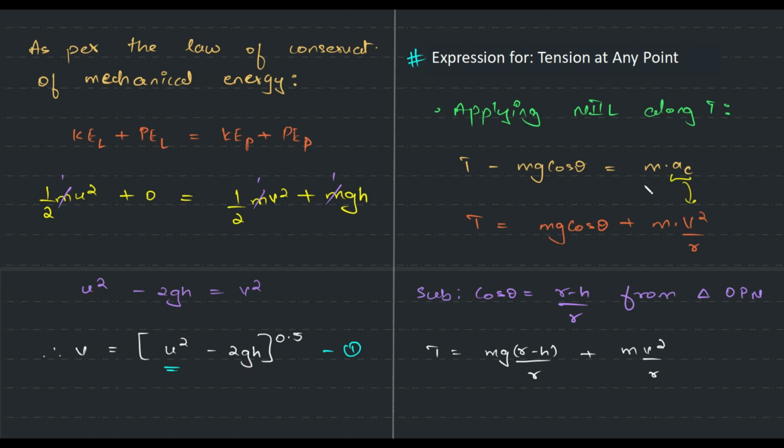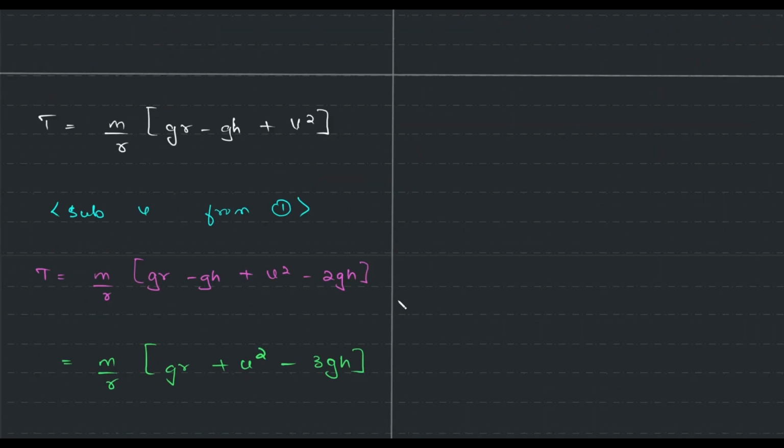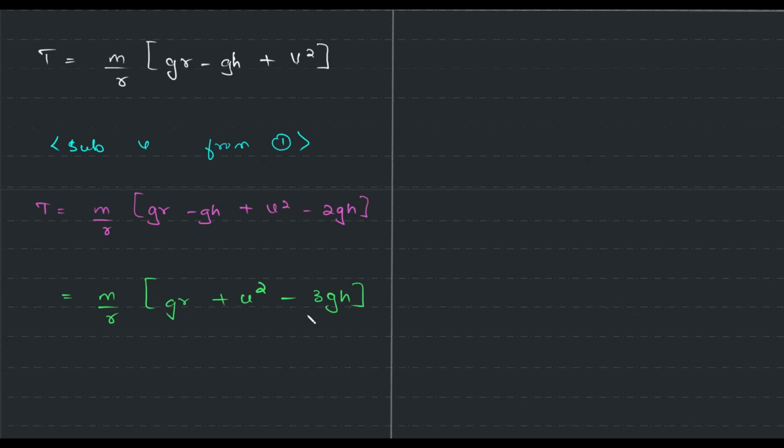We want the tension in the string to be a function of h. To solve that, we take up the geometrical structure, substitute different expressions as and when needed, and simplify to get the final expression.